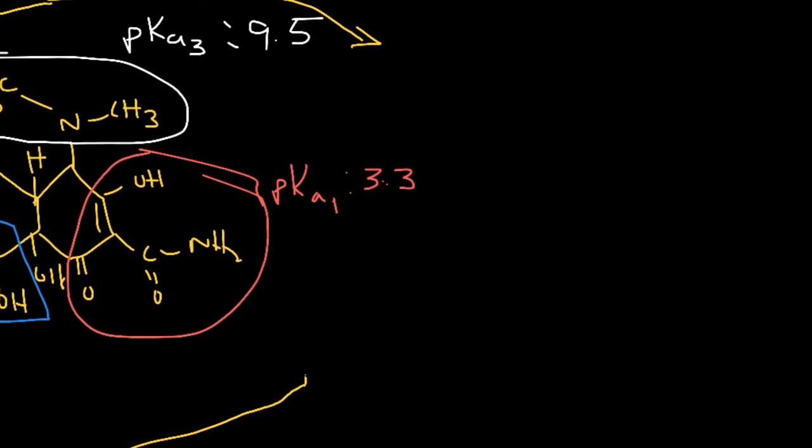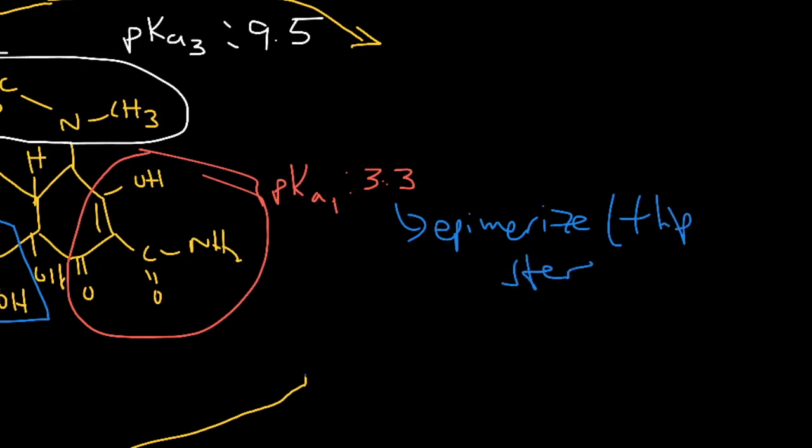At pKa 1, you epimerize, or flip the stereocenter, if the pH gets below 3.3, which is the pKa of this first functional group.